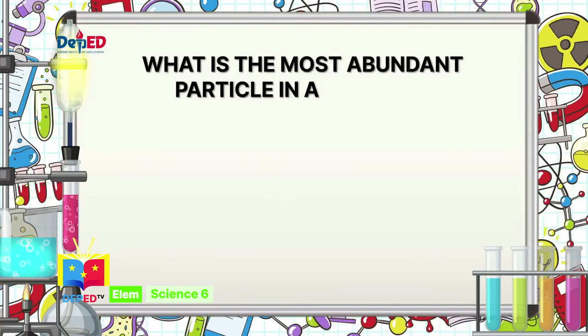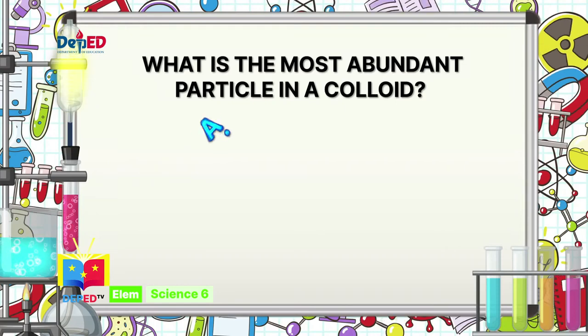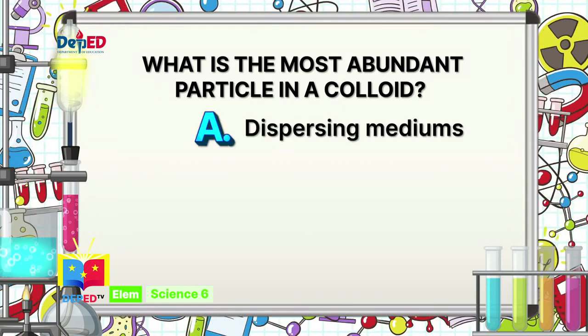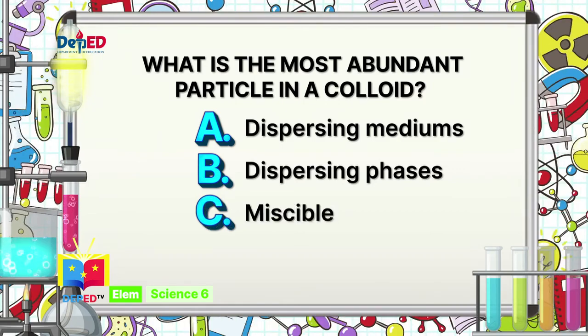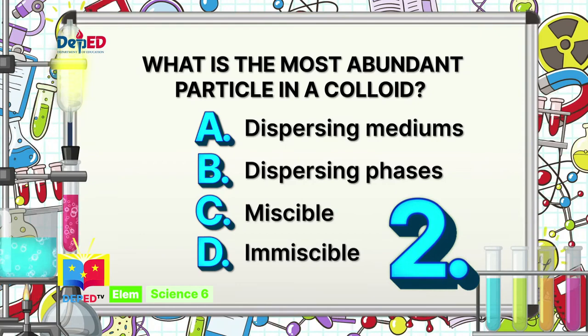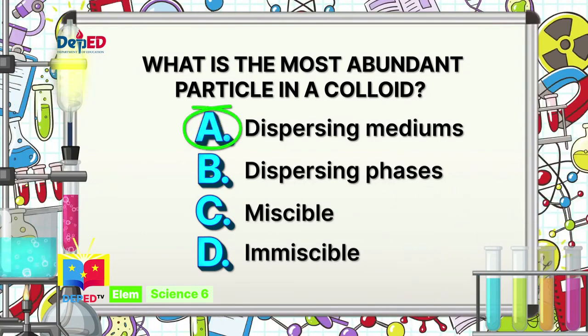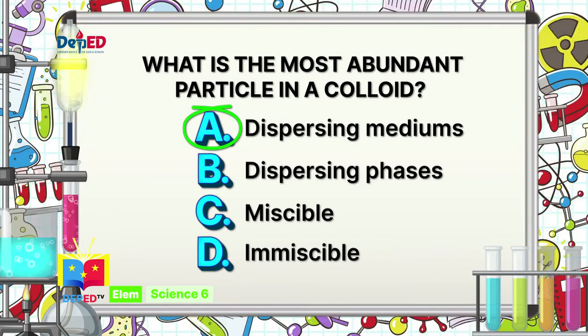Number 4. What is the most abundant particle in a colloid? A. Dispersing mediums, B. Dispersing phases, C. Miscible, D. Immiscible. The correct answer is letter A. Dispersing mediums.